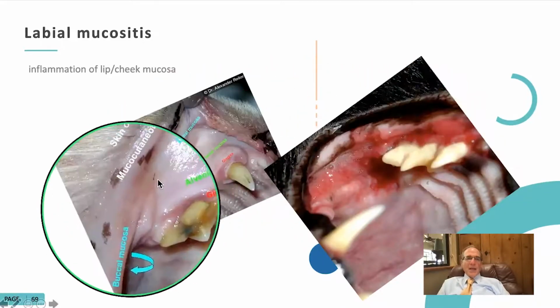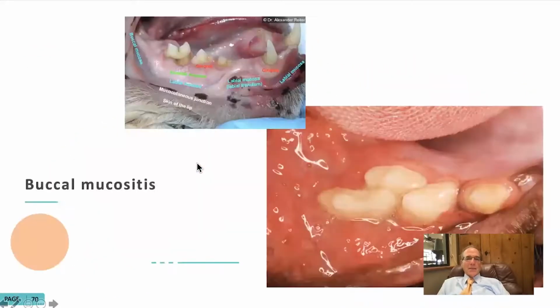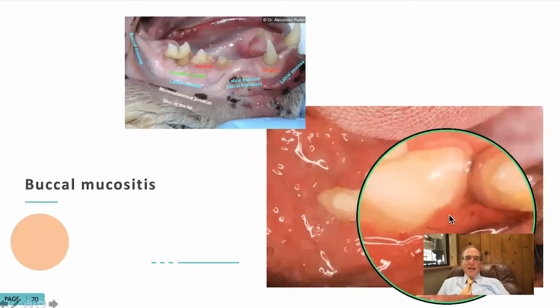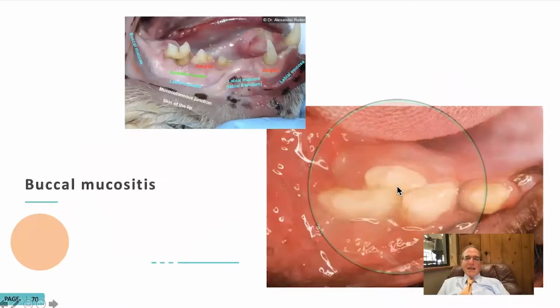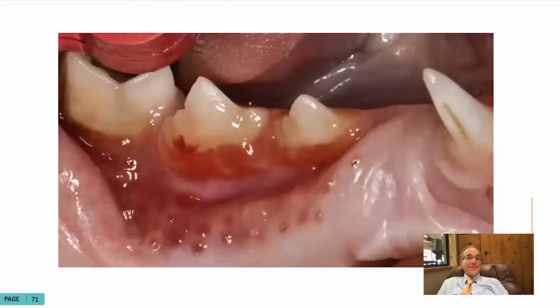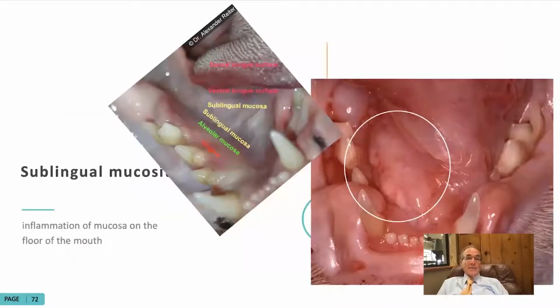Right in this area would be labial mucositis. Buccal mucositis is right on the outside, right on the lip side, but this extends also. And the reason why this cat had so much inflammation, it was born with a supernumerary fourth premolar. This is unilateral buccal mucositis.